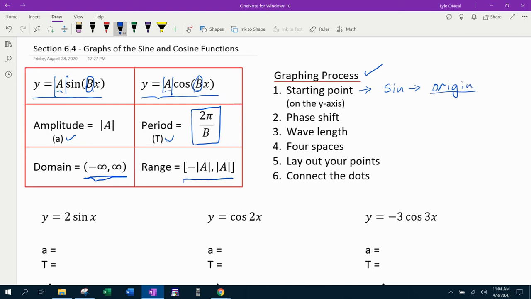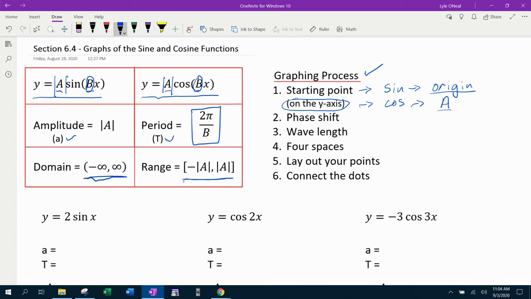Sine starts at the origin. If you have a cosine function, that's going to start at a, whatever the value of a was, not the amplitude, but the original value of a. And notice that both of these do start on the y-axis. So those starting points, either the origin or a, are going to be on the y-axis.